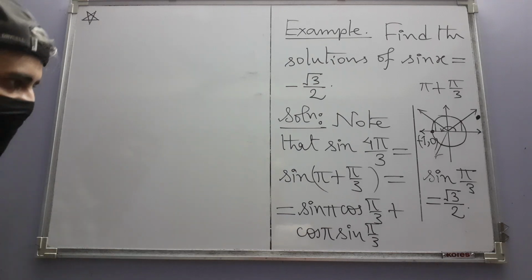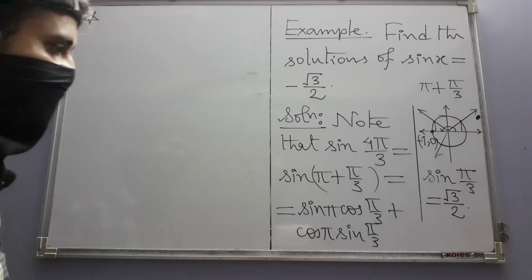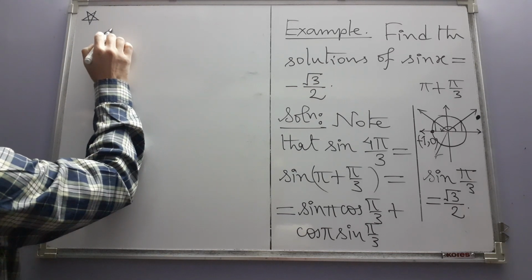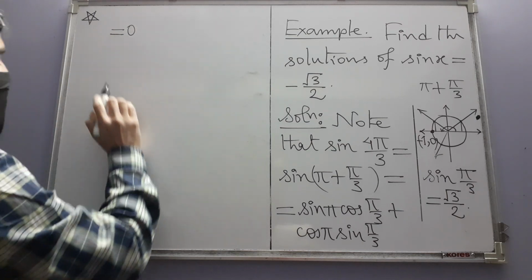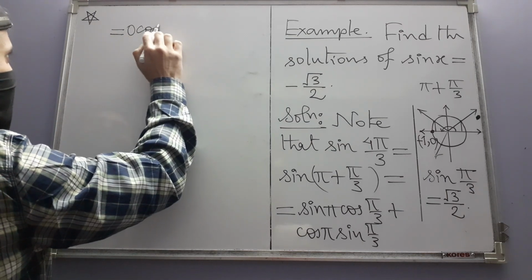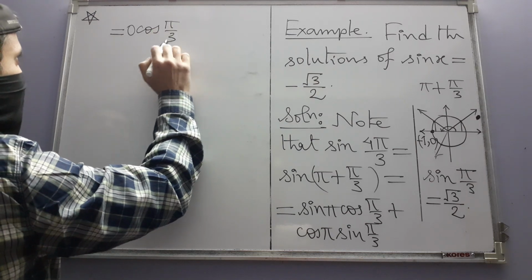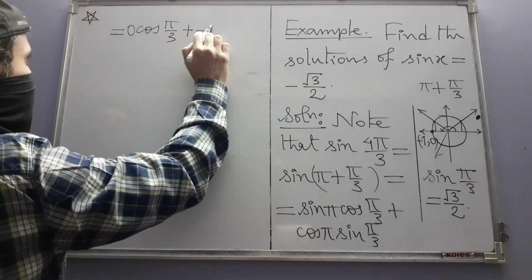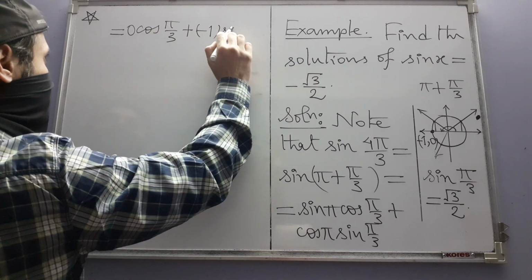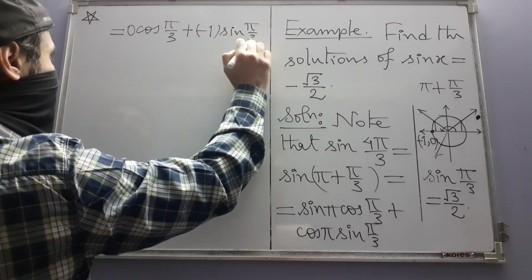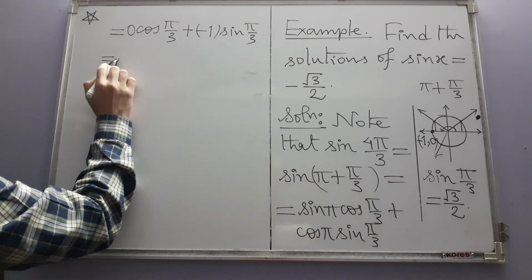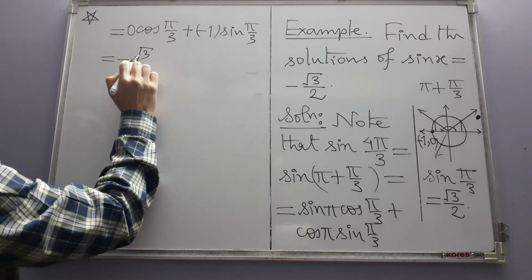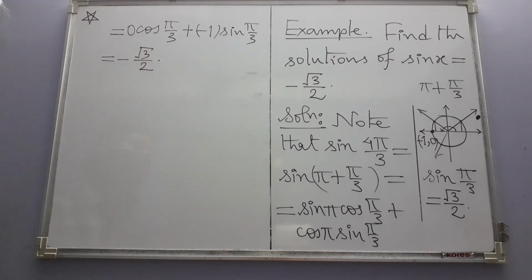In fact, so that we can see where this is going next, I am going to write one more line. Sin pi over 3, now use that value. So this becomes minus root 3 divided by 2.